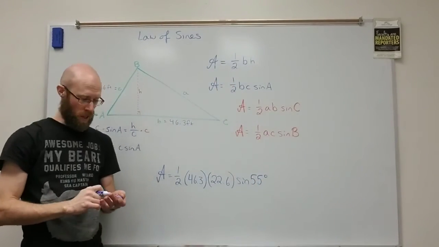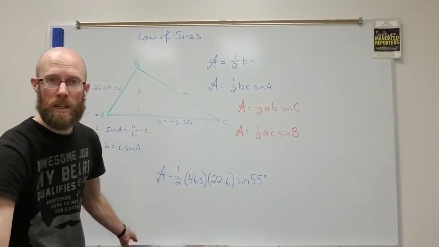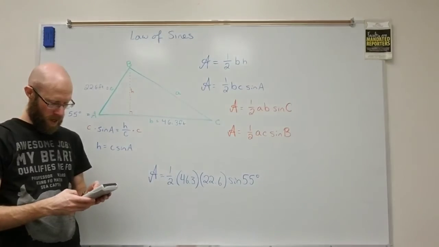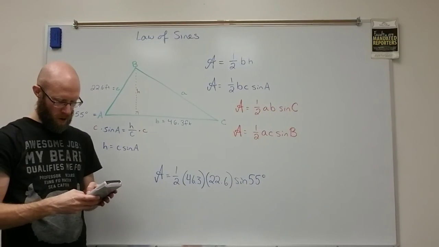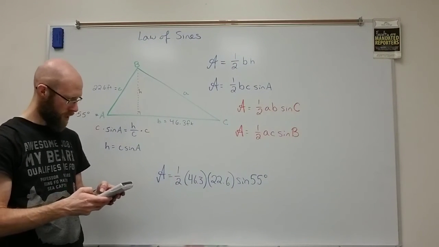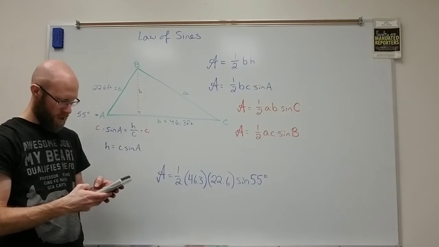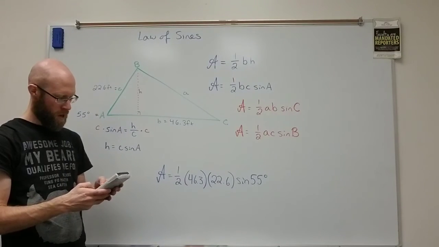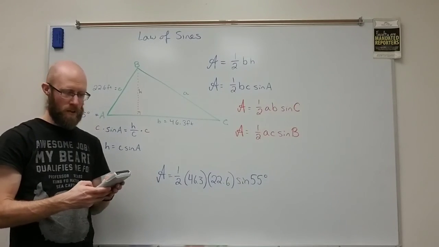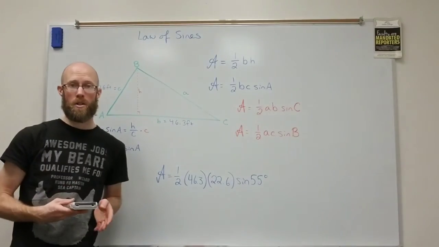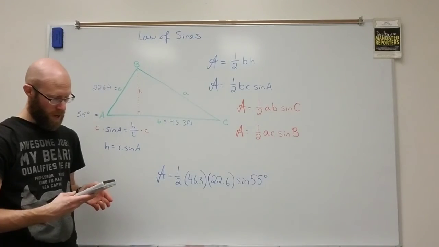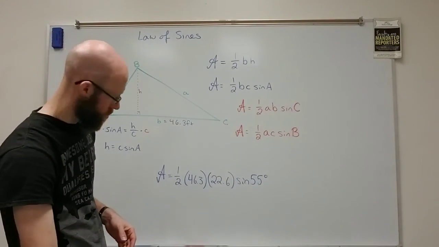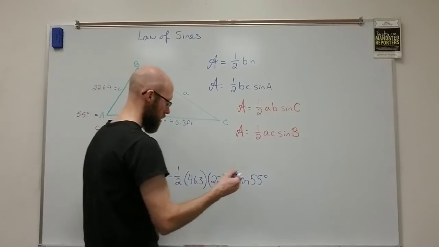And then we just go to the calculator, punch that in, and that should give us the area of this triangle. Type in 1/2 times 46.3 times 22.6 times the sine of 55, and again make sure that you're in degree mode, and I get 428.6 roughly, if I round that off.